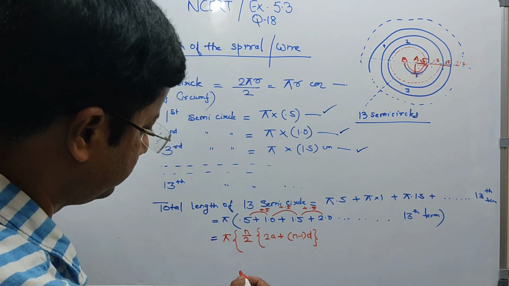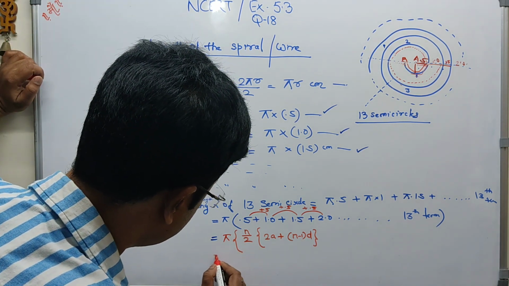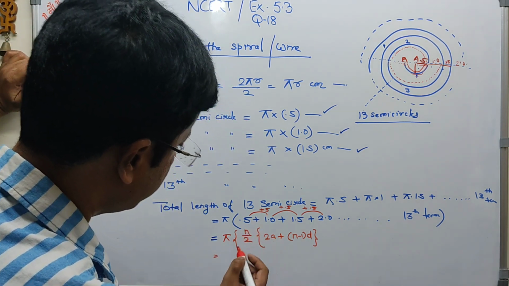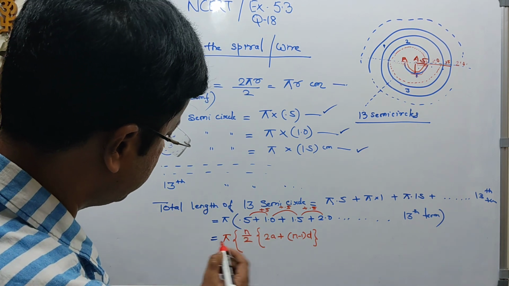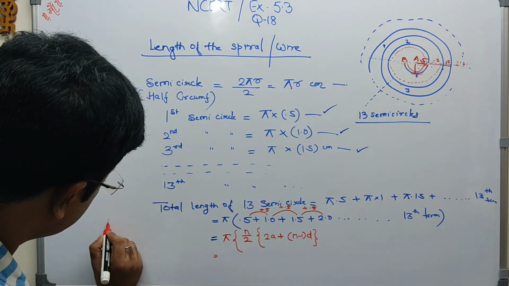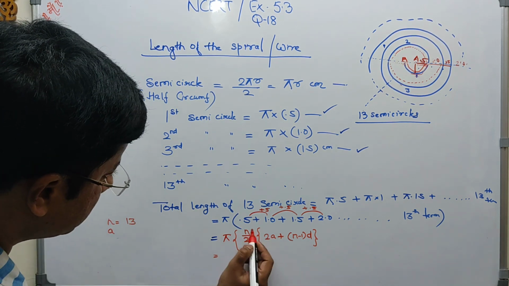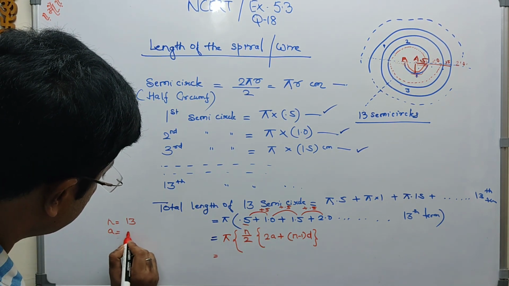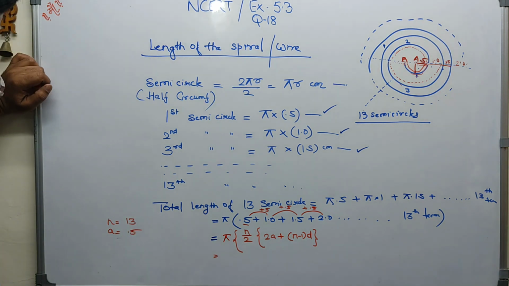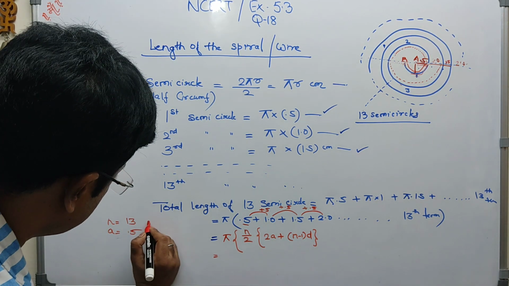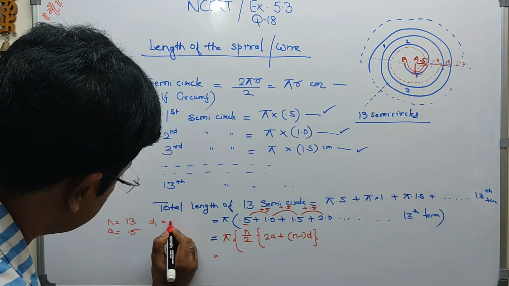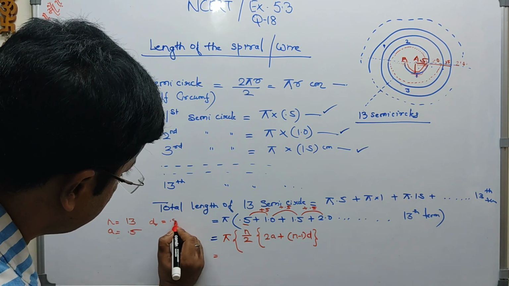Now to make it clear, n equals the number of terms, which is 13. a is 0.5, and d is 0.5.